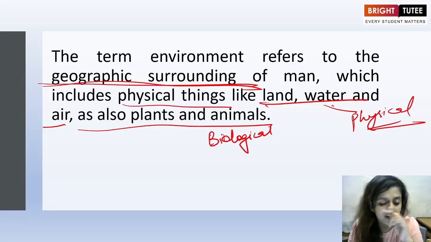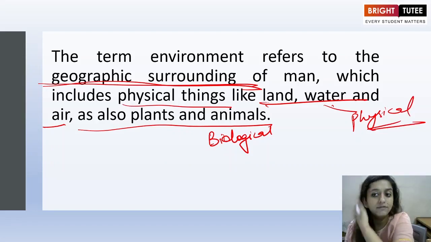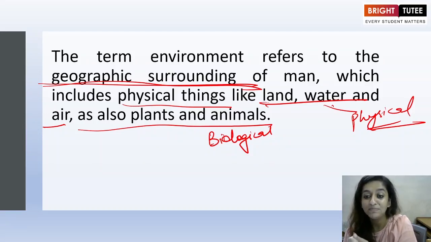When you take into consideration a man's surroundings in terms of the physical and the biological environment, explained in terms of physical things like land, water, air, and the biological environment in terms of plants and animals, that is what explains the environmental setup here.